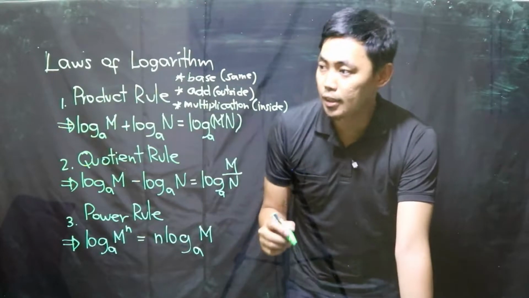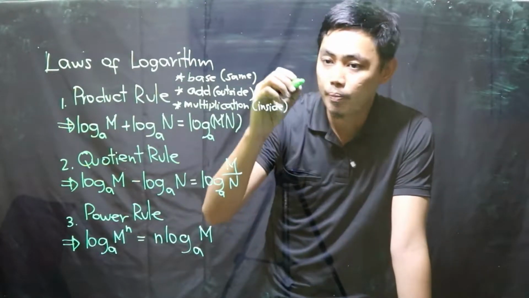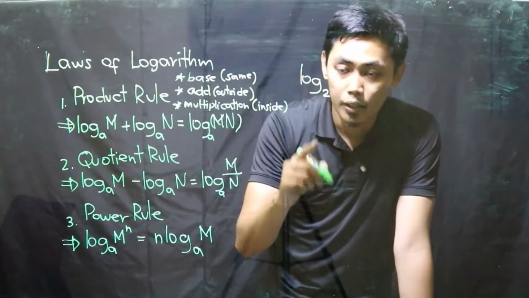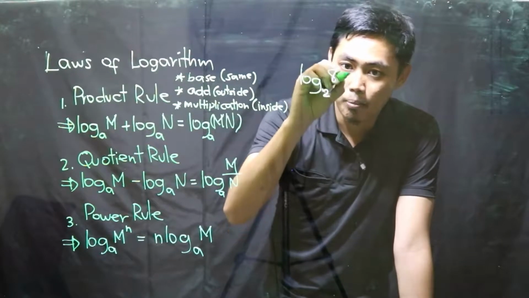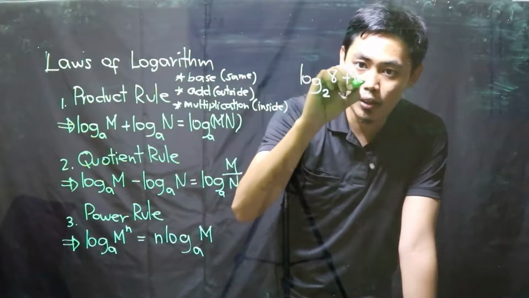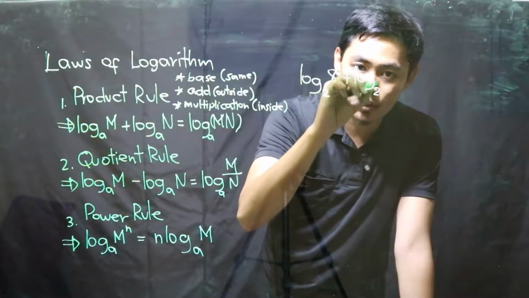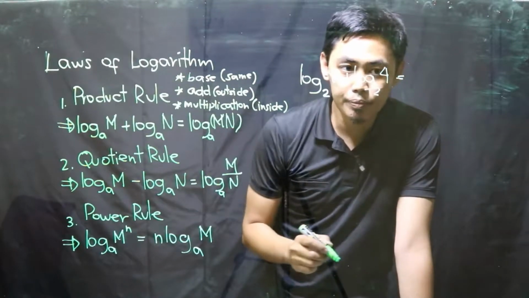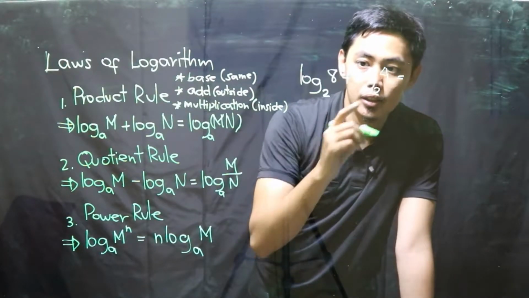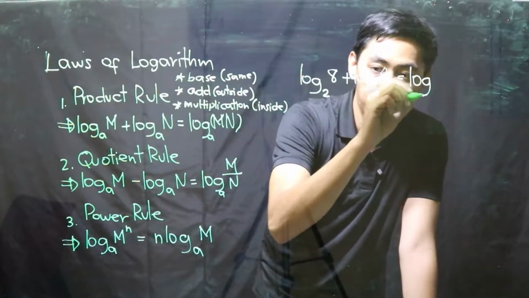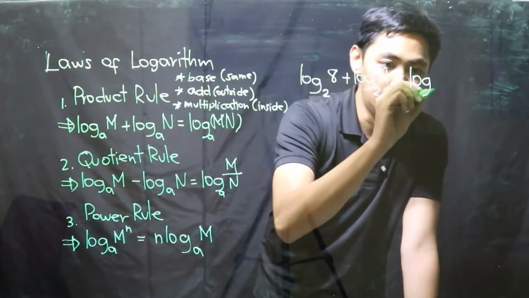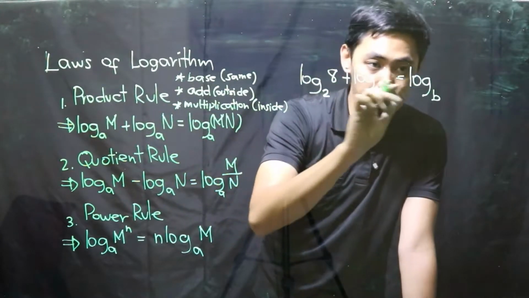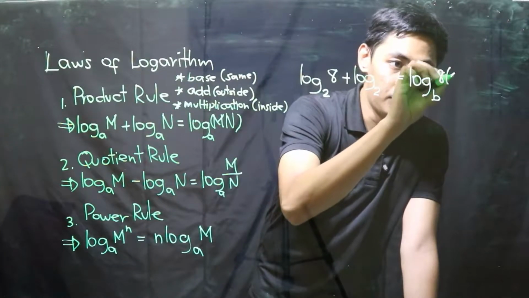So let's have an example here. Logarithm of base 2 of 8 plus logarithm of base 2 of 4. What is the answer? Logarithm, then we still need to write the base, 2, and then we will need to multiply 8 and 4.